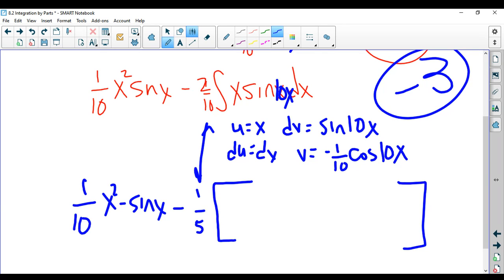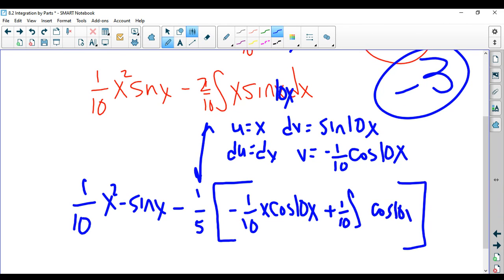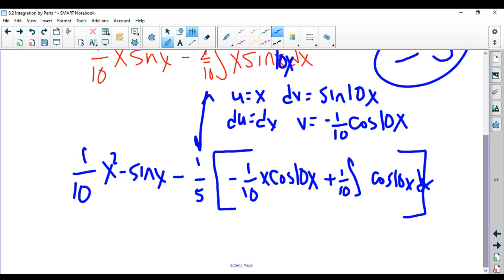So uv, negative 1/10 x cosine 10x minus the integral of v du. So v is negative 1/10, so positive 1/10 sine 10x. du is dx, so that's nice. Now we're going to integrate.